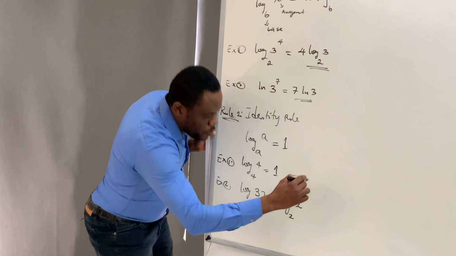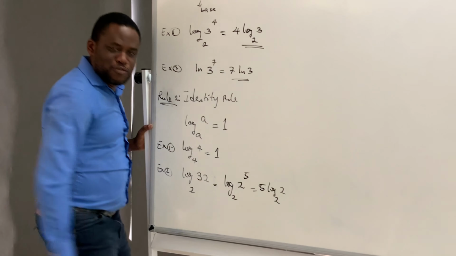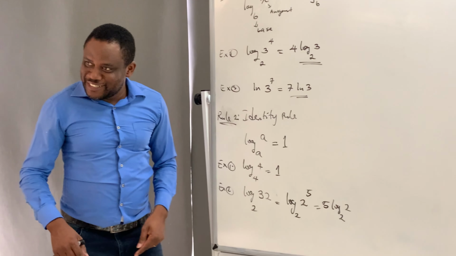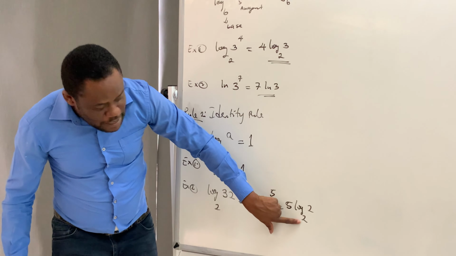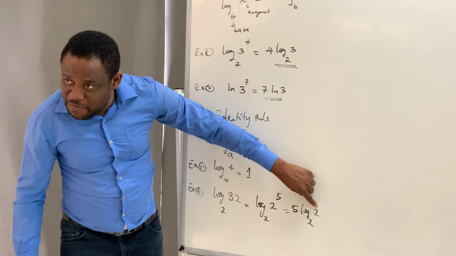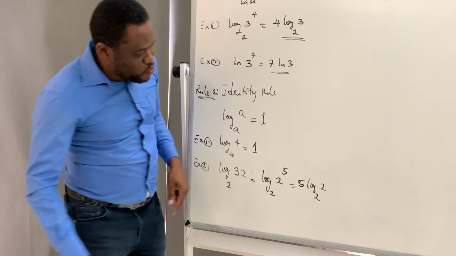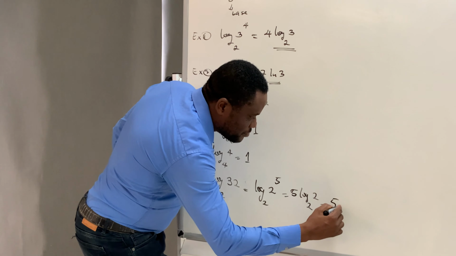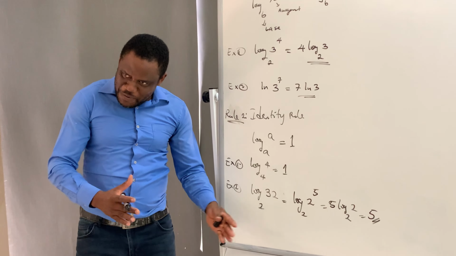So we have 5 log 2. Now another rule comes in, which says that they are identical. The number in the base is the same as the number in the argument, and if it is the same, it is 1. So 1 times 5 is 5. You see? This is very important.